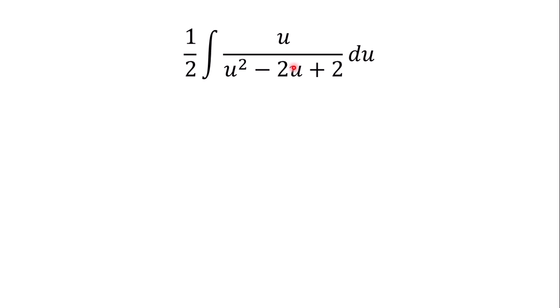Why? Because when we differentiate this denominator here, we are going to get 2u minus 2. When we factorize 2u minus 2, we are going to get 2 into bracket u minus 1.